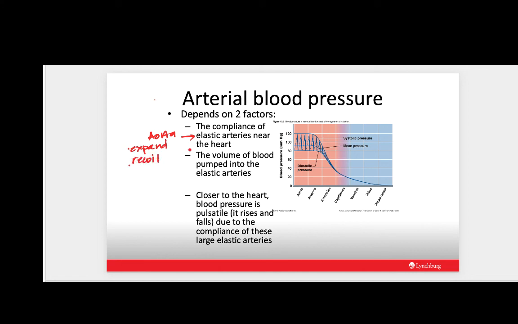They're able to do that because of the elastin in their tunica media. And the aorta has a large volume of blood that's being pumped into it, and that's why we see that pulsatile tracing here. That's what we mean by this. This is pulsatile, high and low.